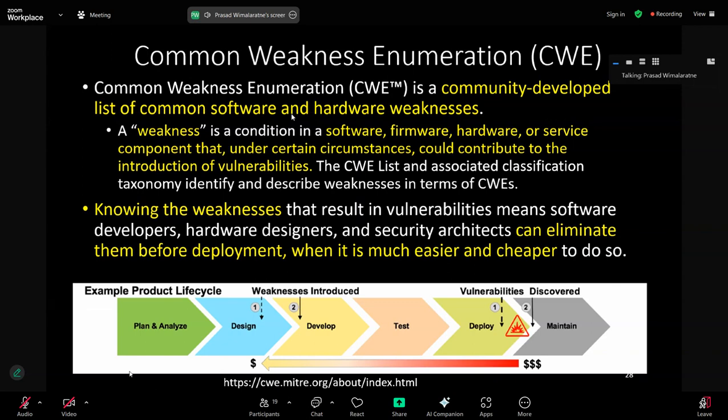So just trying to illustrate here. So if you have plan and analyze, design, capture requirements, design, develop or implement, test, deploy, and maintain. So these are typical phases, right? So you can see here, during design and implementation, weaknesses can be introduced.